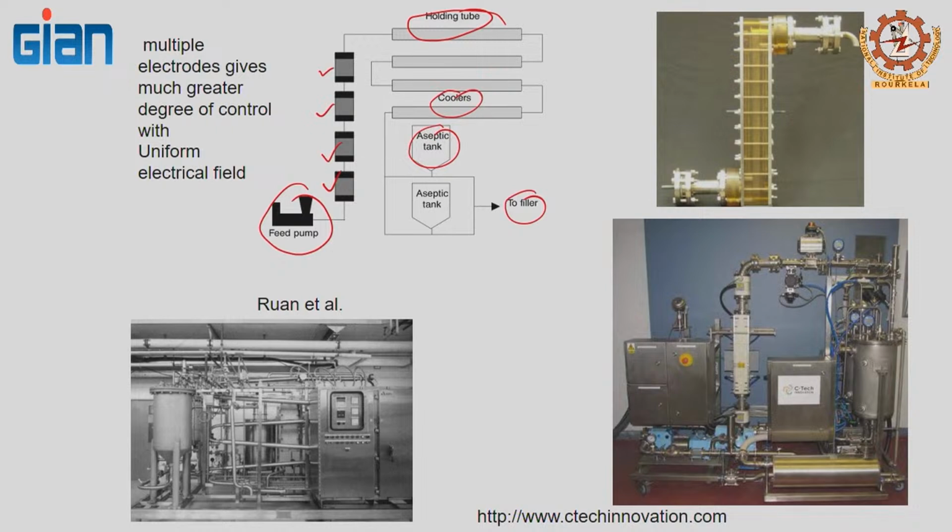I mentioned that the property of the food material which conducts electricity is the electrical conductivity. When you have a food material at the initial room temperature of 25 degrees Celsius, you have a certain electrical conductivity value.